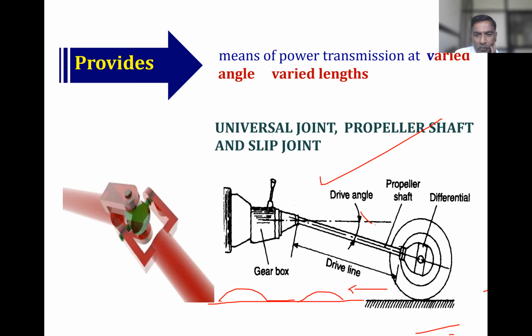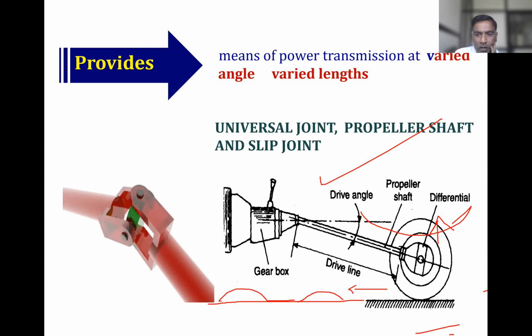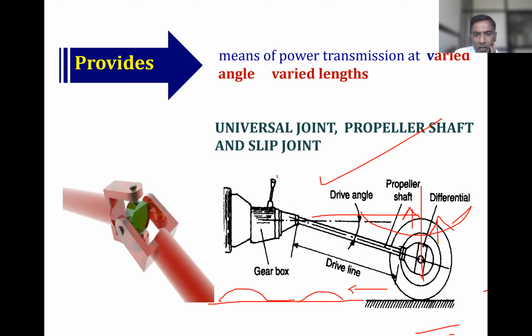Accordingly, there will be suspension. This is the leaf spring. It will move in upward direction, and this distance is going to be changed.